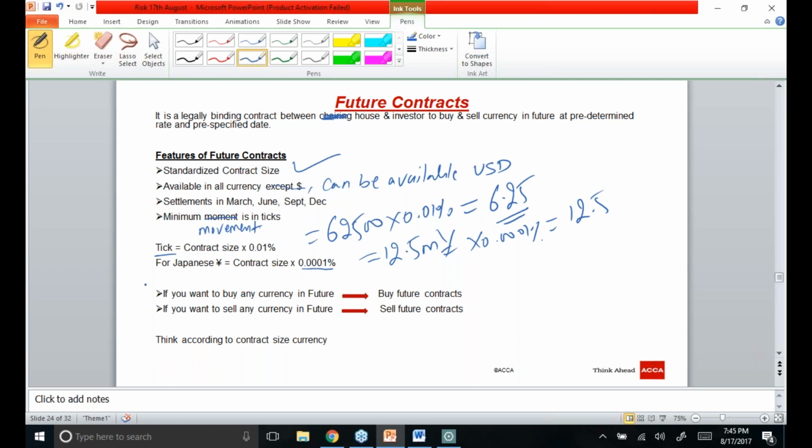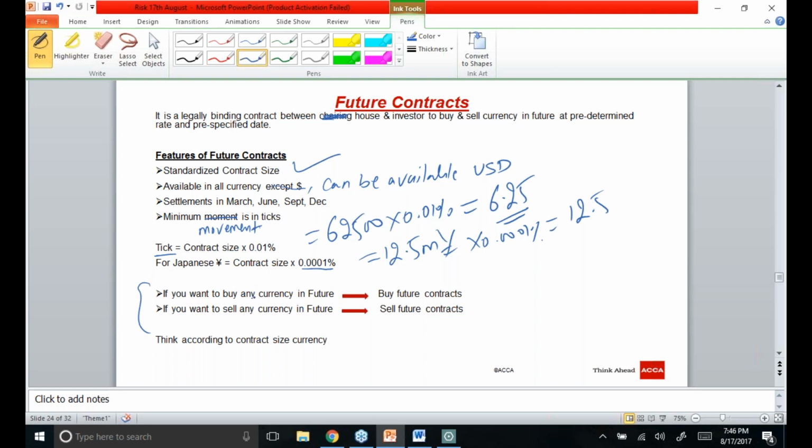Okay, the main concept is when you're going to buy future and when you are going to sell future. If you want to buy any currency in future, buy that currency future. If you want to sell any currency in future, then sell that currency future.